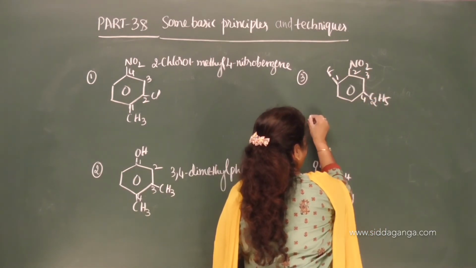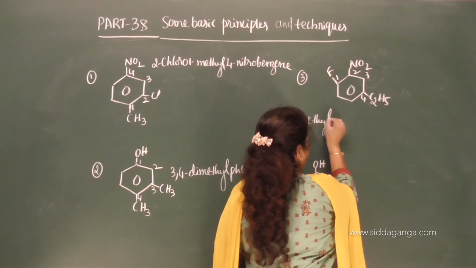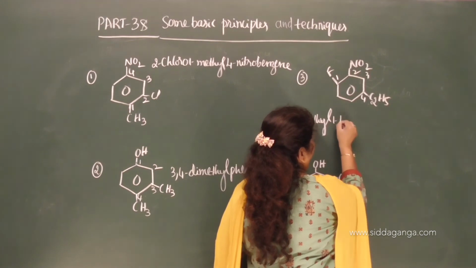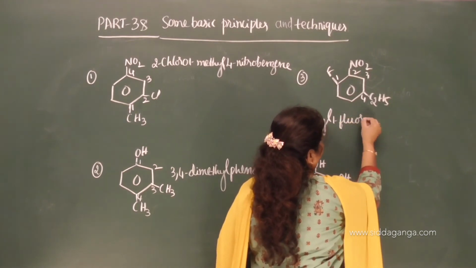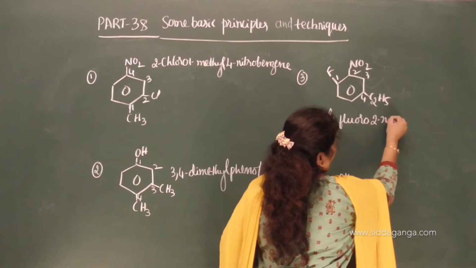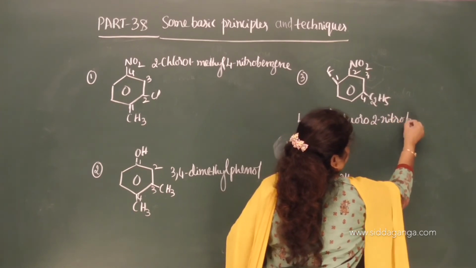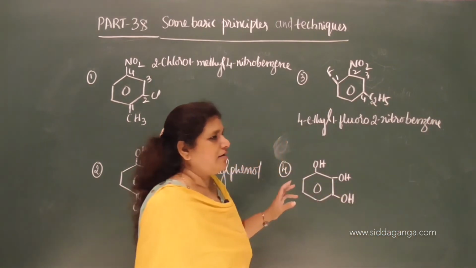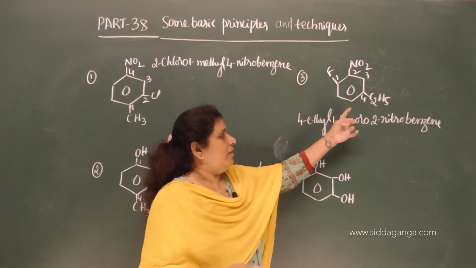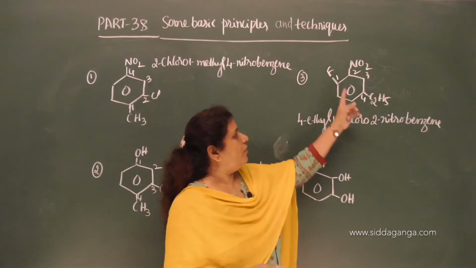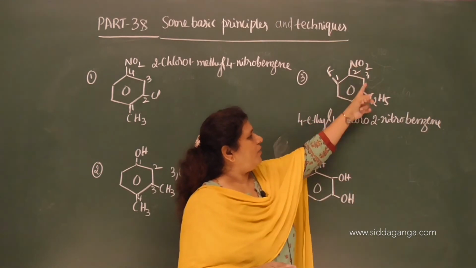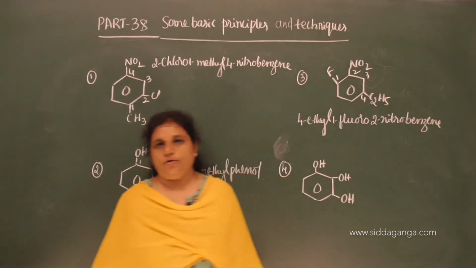Arrange in alphabetical order. 4-ethyl, 1-fluoro, 2-nitrobenzene is the IUPAC name.